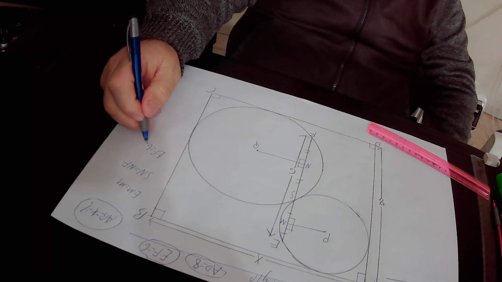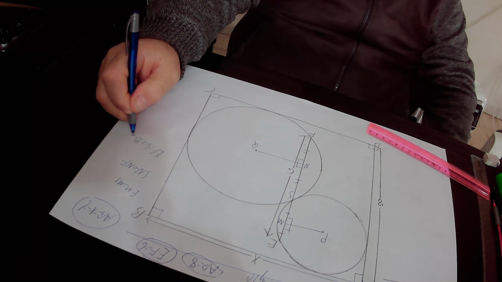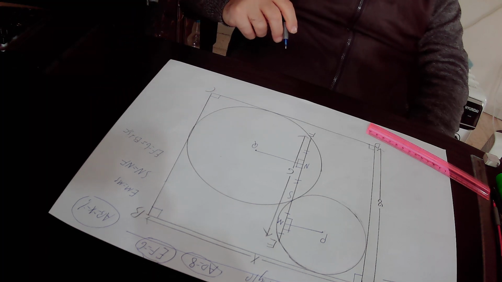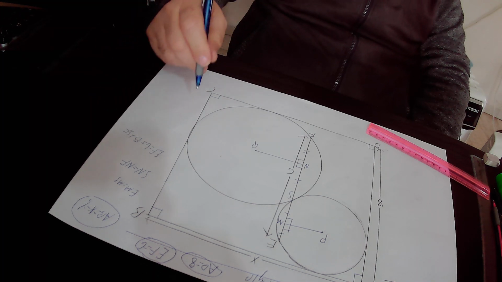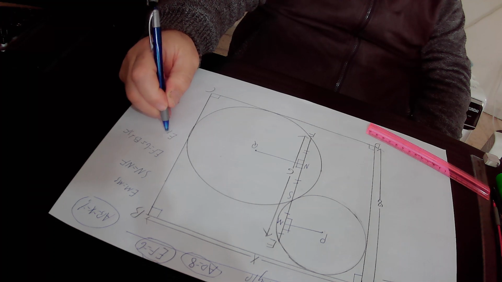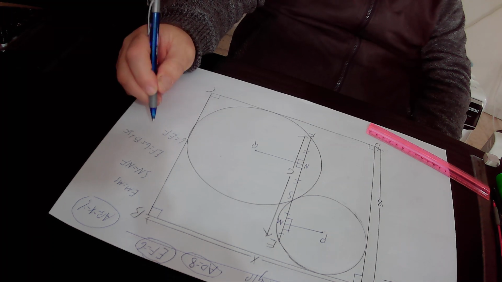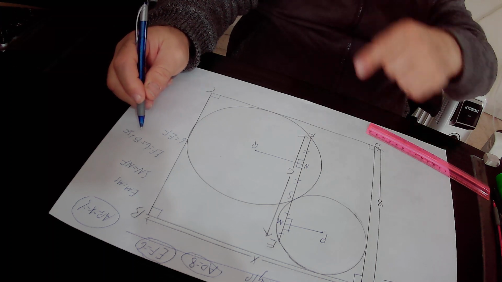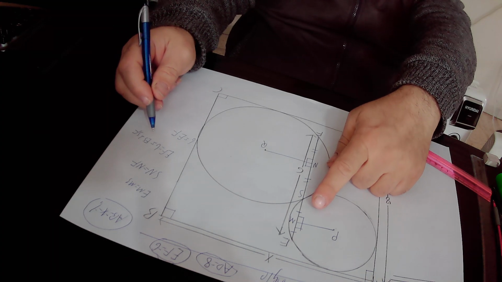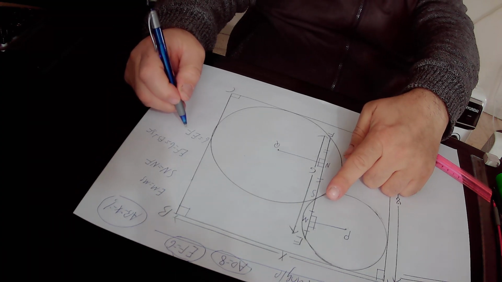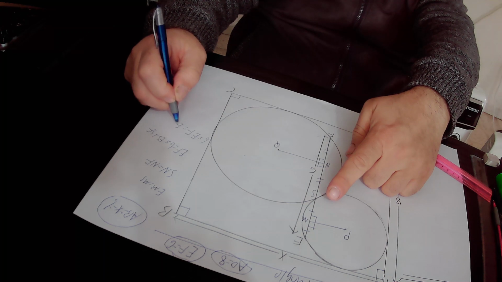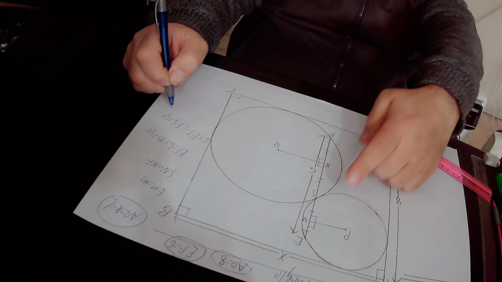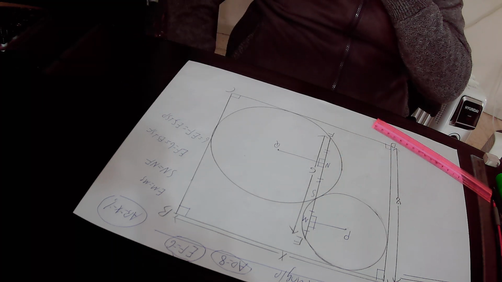So EF equals 6, and it equals ES plus SF.